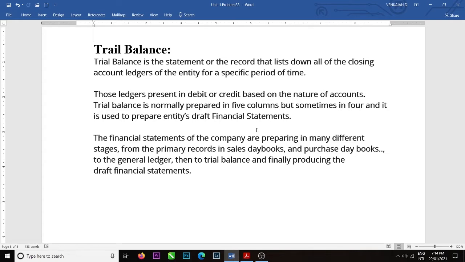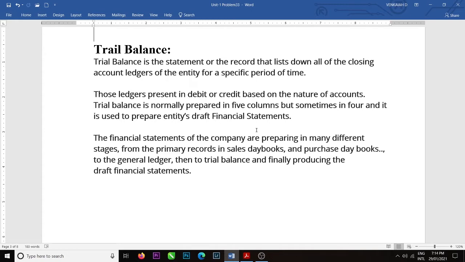So, trial balance is a statement which lists down all the closing ledger accounts of the company or entity for a specific period of time.